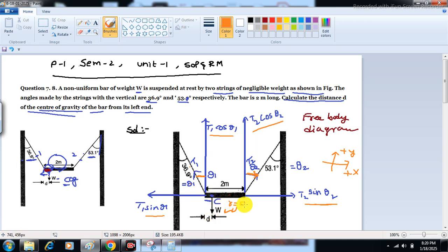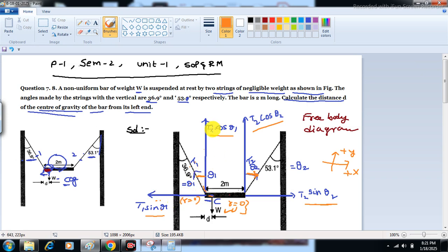And T1 makes some angle, this is the T1 line of action of force. So it resolves into two components, T1 cos theta 1 and T1 sin theta 1. The component T1 sin theta 1 is passing through the center of gravity.